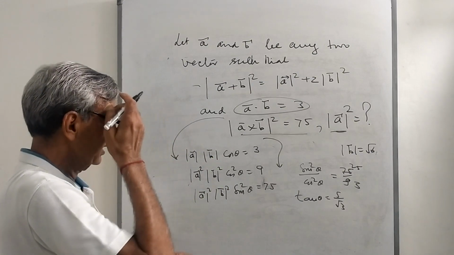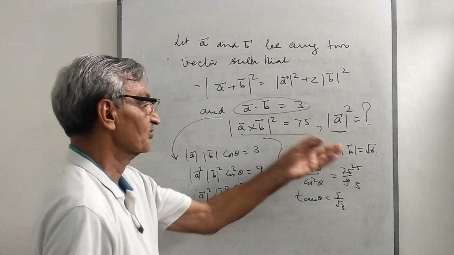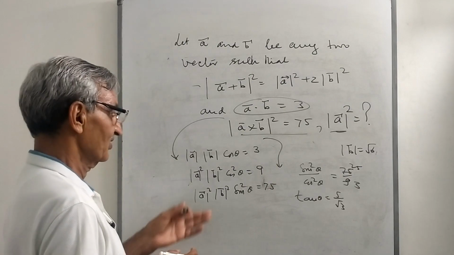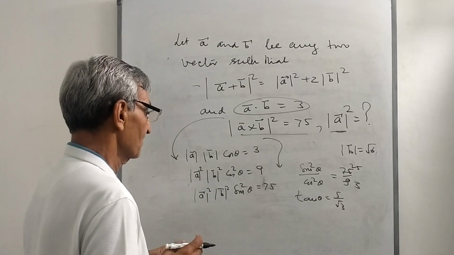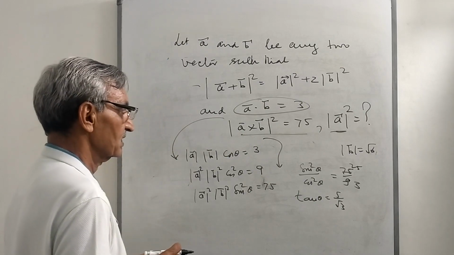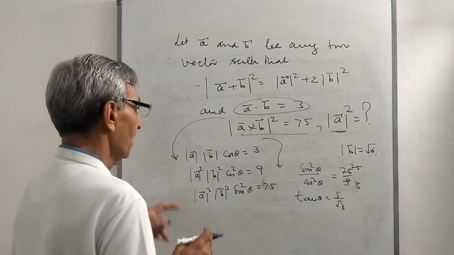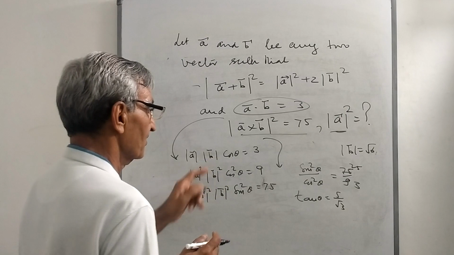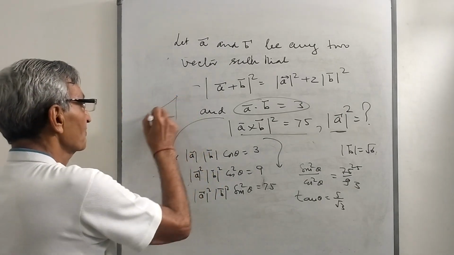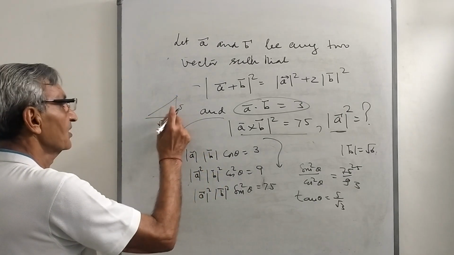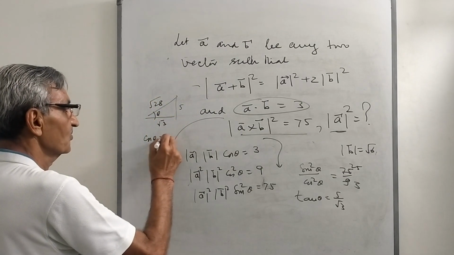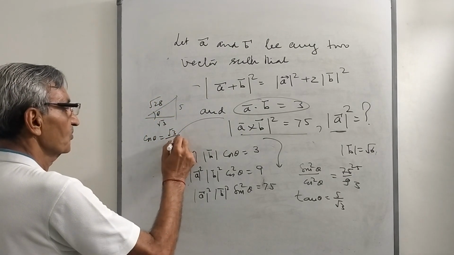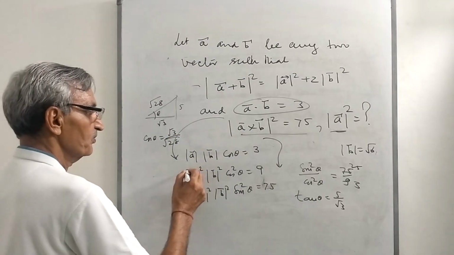I don't need the modulus of this; this cancelled, no need for this. So what is tangent theta? Tangent theta is equal to 5 upon under root 3, and this is equal to root 28 under root. Cos theta is equal to root 3 upon root 28. Let me put it here.